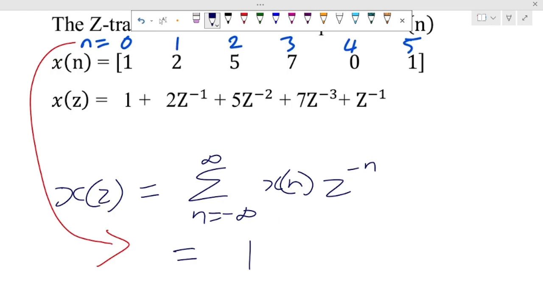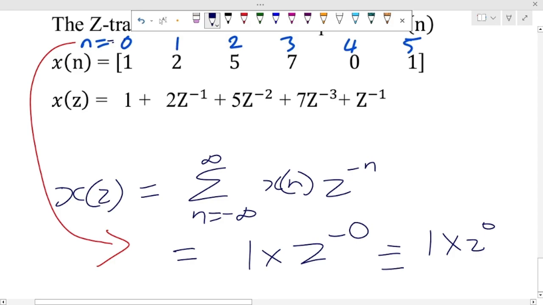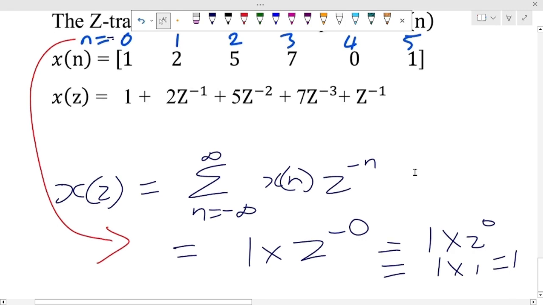So we'll have 1 times z raised to the power minus n, where n is 0, so z raised to the power 0, and anything raised to the power 0 is 1. So we have 1 times 1 equals 1. That's how we have x of z for this first term: exactly 1.